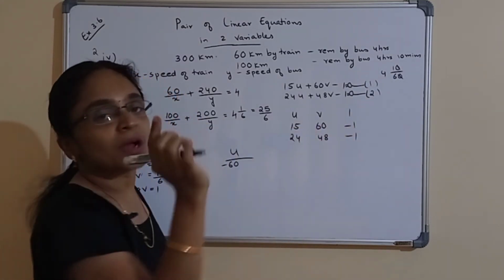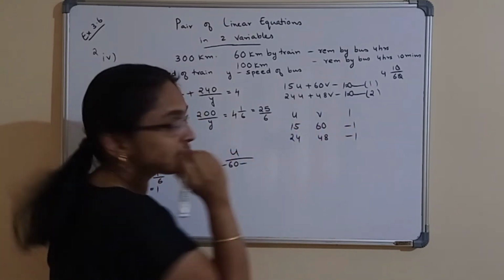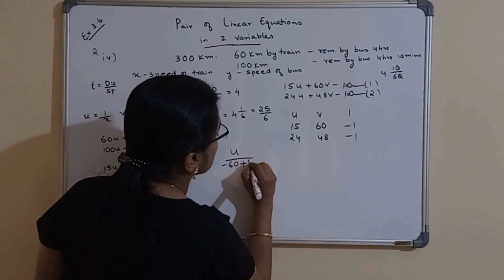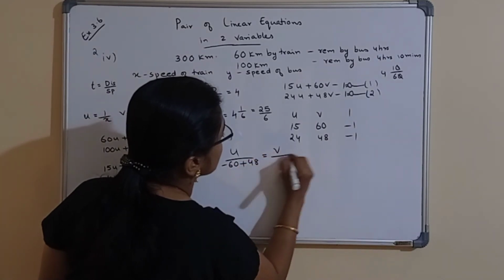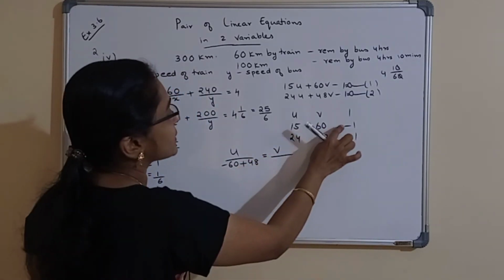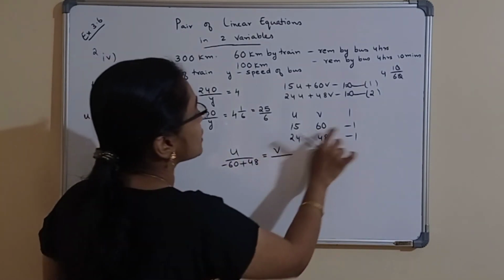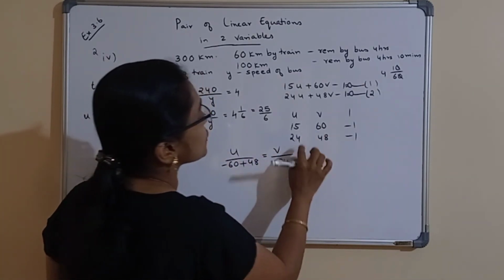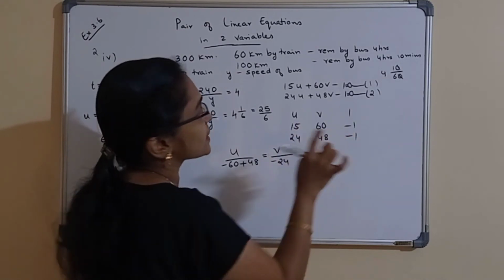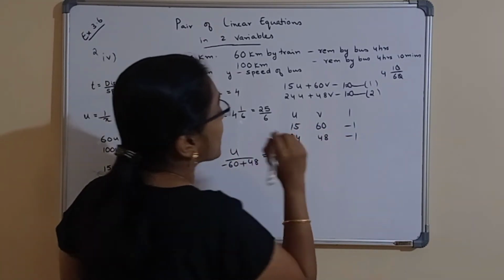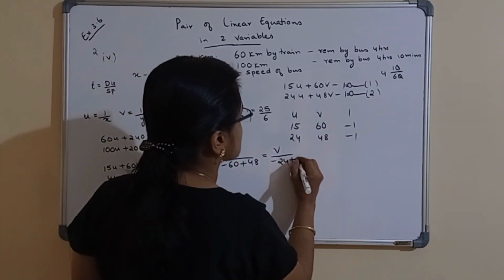Then 48 into minus 1 is minus 48. Minus of minus 48 is plus 48, is equal to v by, don't take this column and take this in the reverse order. 24 into minus 1 is minus 24. Then 15 into minus 1 is minus 15. Minus of minus 15 is plus.